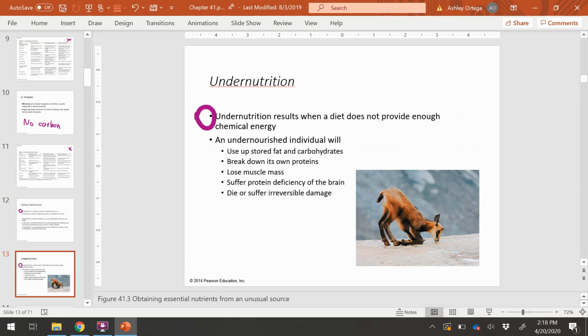In this case, the organism could be ingesting a lot of food, but the food that they are ingesting does not provide enough energy. So an undernourished individual can use up stored fat and carbs. They can end up breaking down their own muscle proteins, which results in lost muscle mass, suffer protein deficiency of the brain, and either suffer irreversible damage or die as a result of undernourishment.